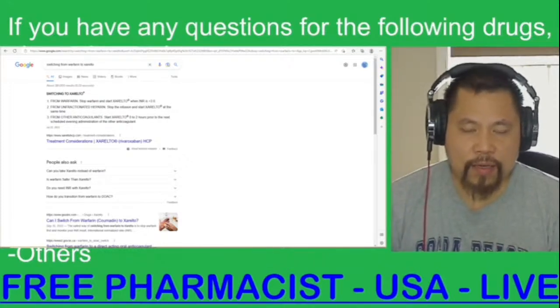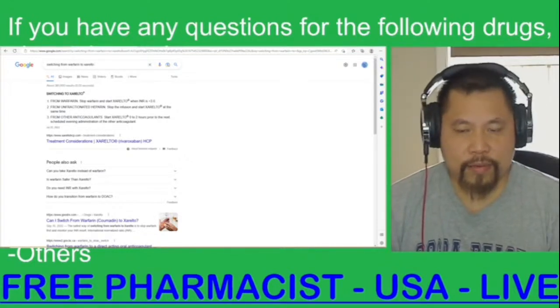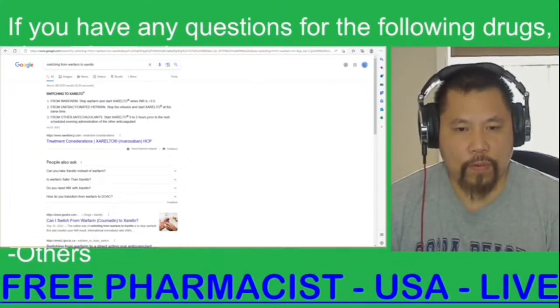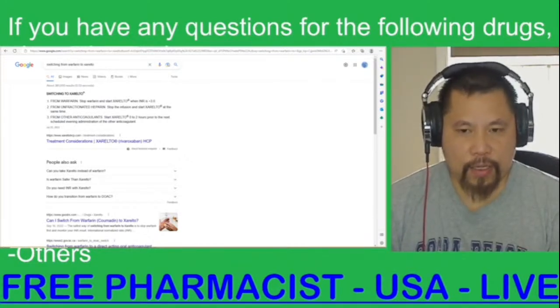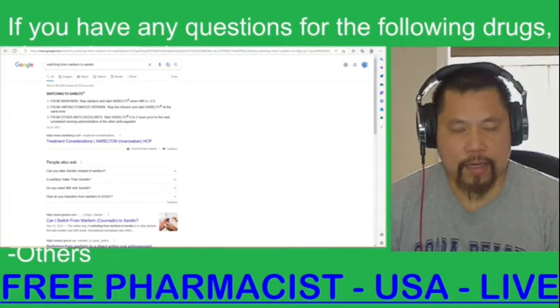So if the INR is about 3.2, then I would just say stop the warfarin for 1 day, and then go ahead and take Xarelto the next day. But if it's 3.5, then I might recommend to stop warfarin for 2 days prior to taking Xarelto.